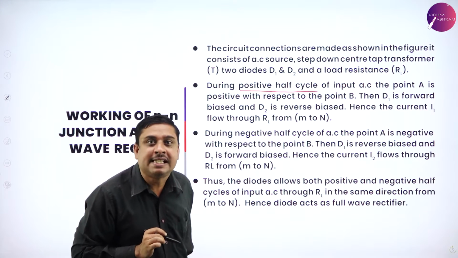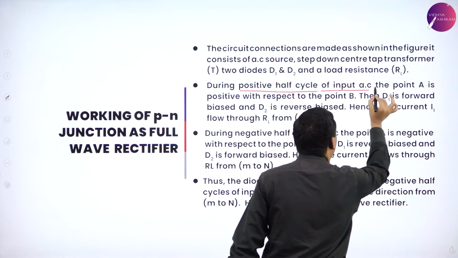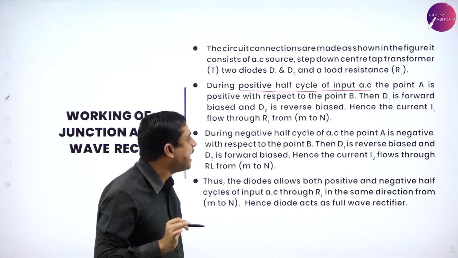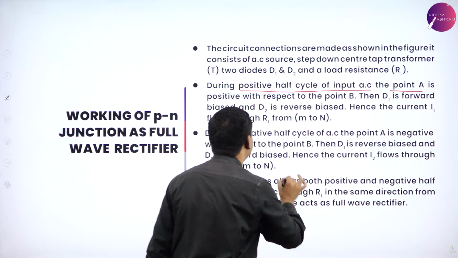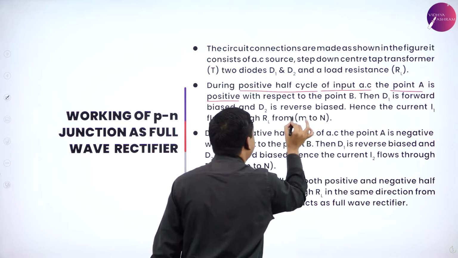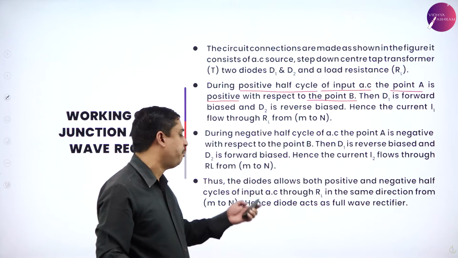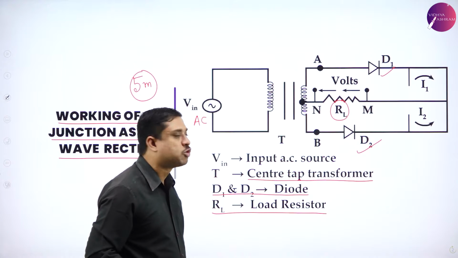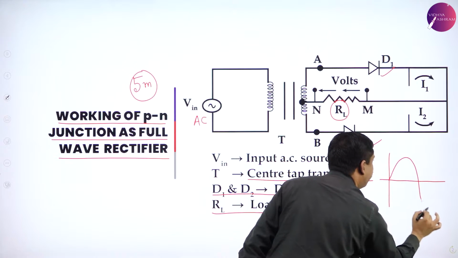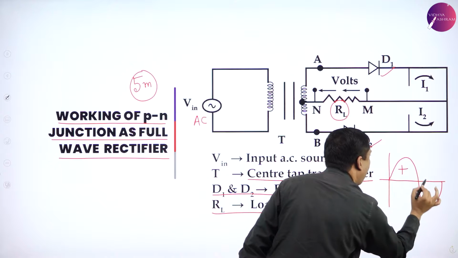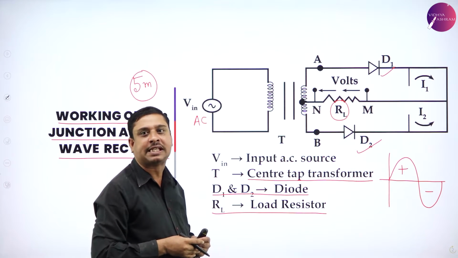During the positive half cycle of the input AC, the point A is positive with respect to the point B, which means to say, again, this is the input AC, positive half cycle and negative half cycle.